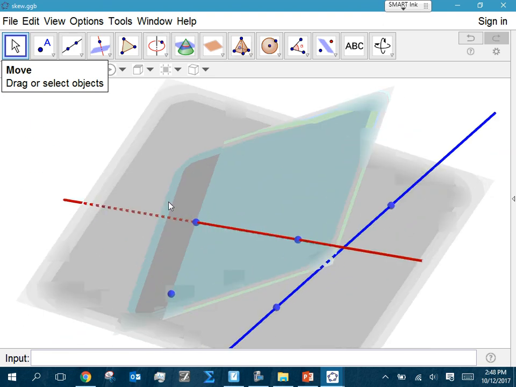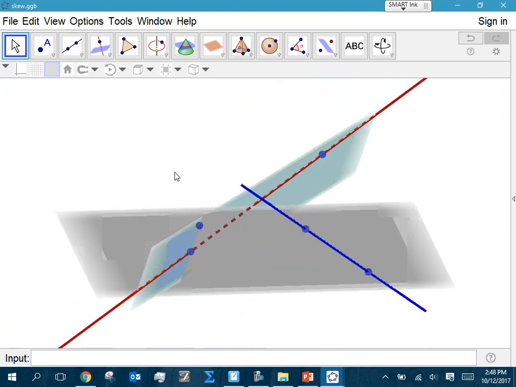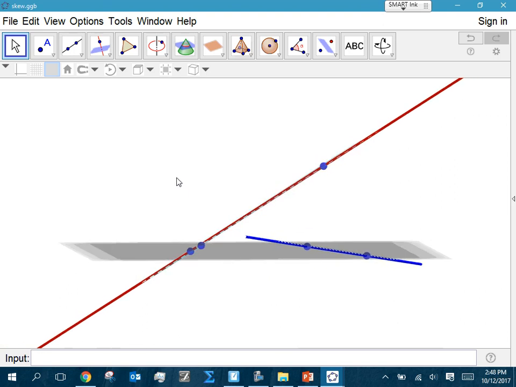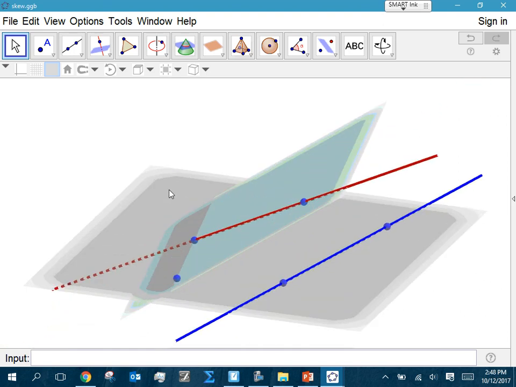So you see that the red line is in that bluish plane, and the blue line is in the gray plane. There is not a single piece of cardboard, like the planes we used before, that would contain the entire red line and the entire blue line. Does that make sense? You need two separate planes to contain the red line and the blue line, so they're non-coplanar lines. If they don't intersect, then we identify them as skew.